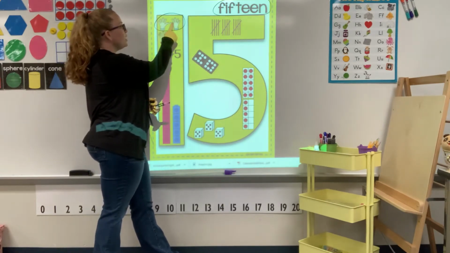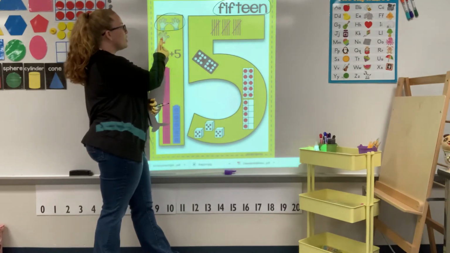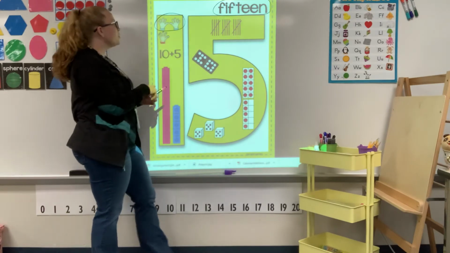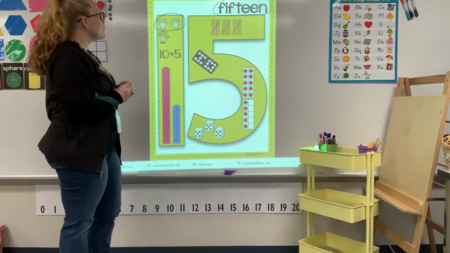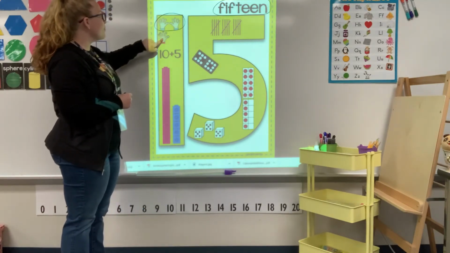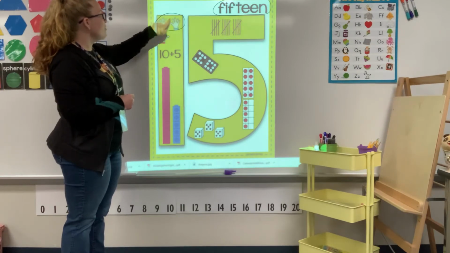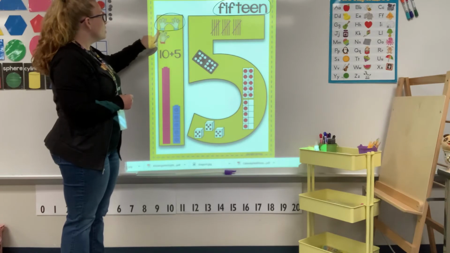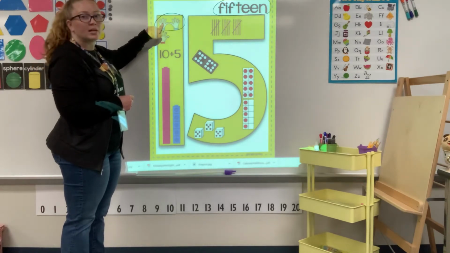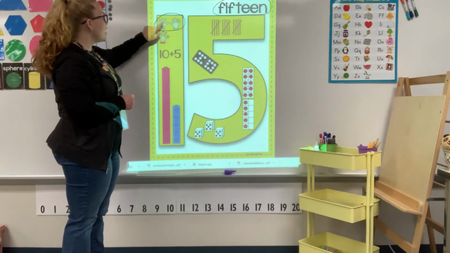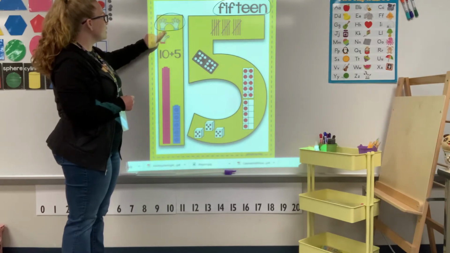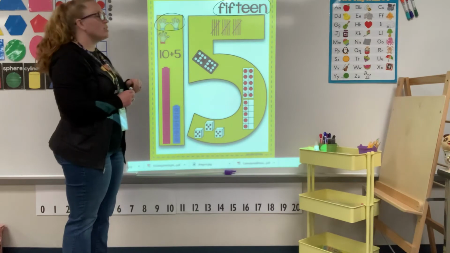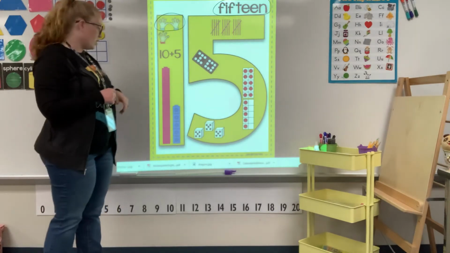See, there's 1 hand, 2 hand, and 3 hand. So these counting fingers are representing the number 15 because we have 5 and 5, and that makes 10. And then we have 5 more. So if we started with 10, we're going to count on from 10. 10, 11, 12, 13, 14, 15. So we have a representation of 15 with the counting fingers.